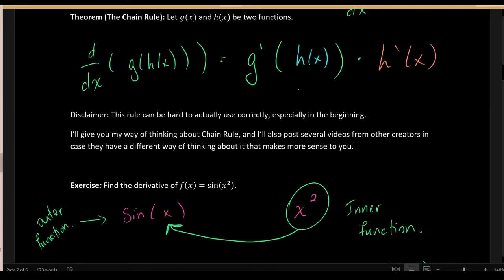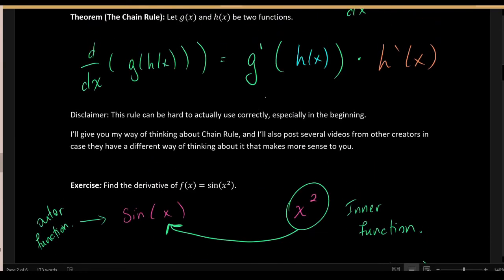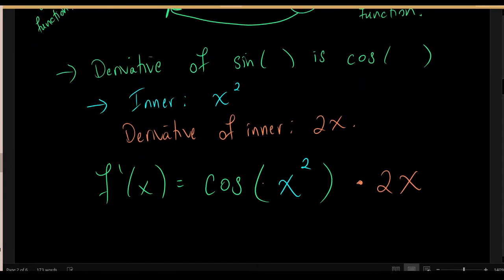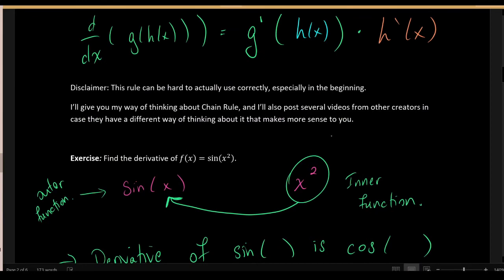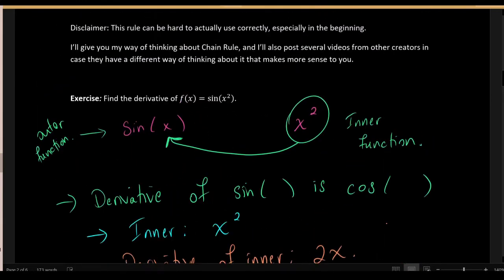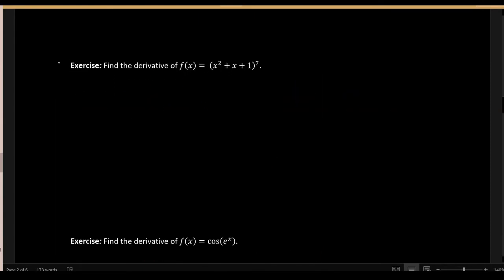So comparing what's in the rule to what we got in the example, g prime would be cosine of blank. X squared would be h of x, and 2x would be h prime. Let me demonstrate this thought process to you again.